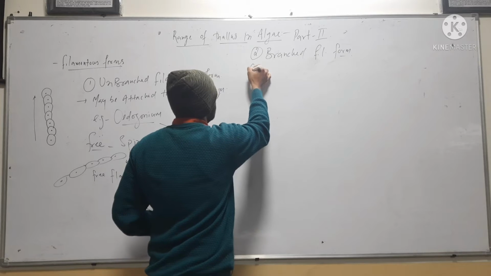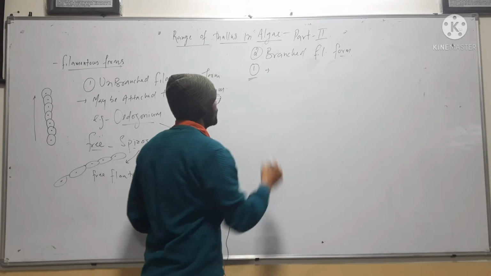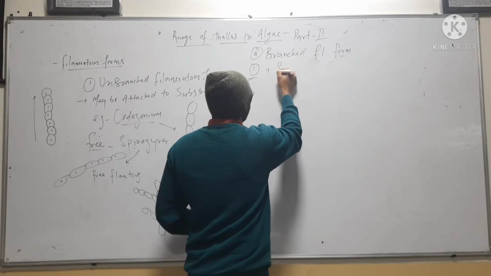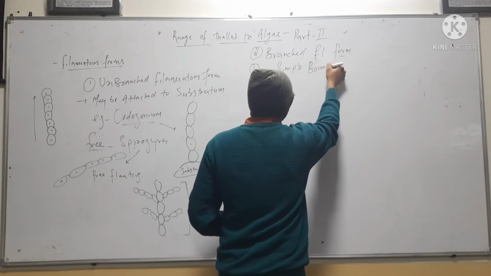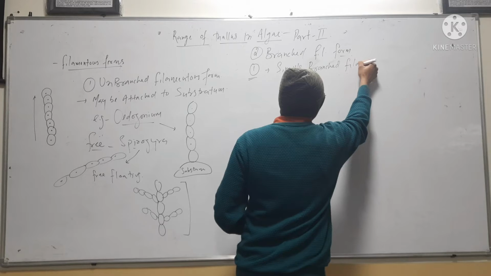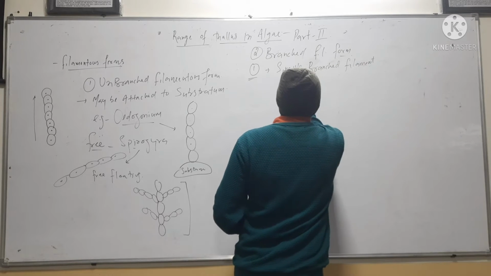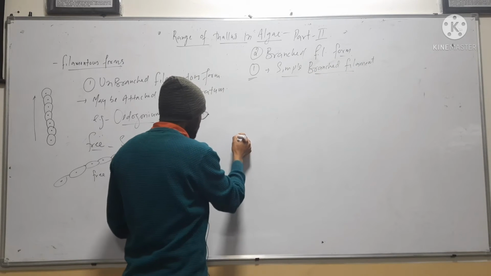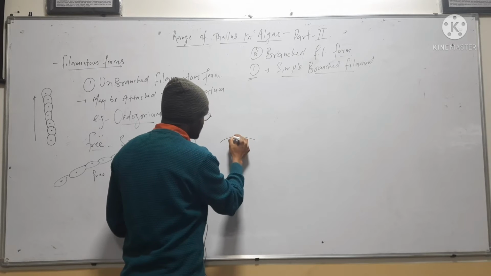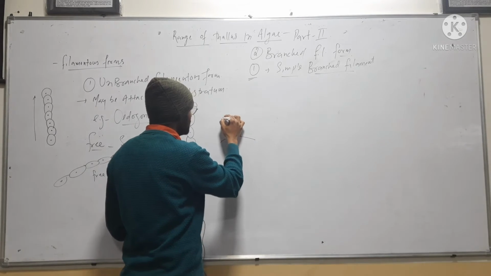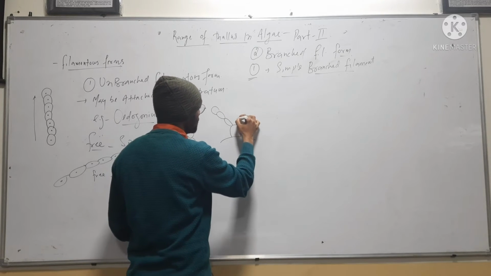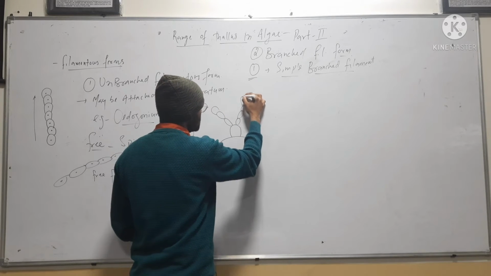First one is simple branched filament. In simple branched filament, a basal cell is attached to substratum and after that the filament is branched like this.